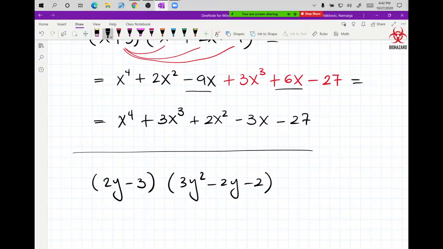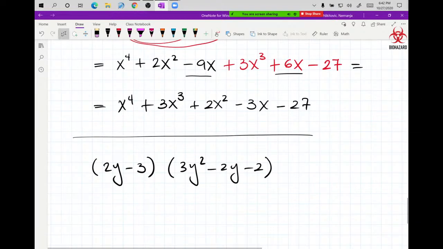All right, so who's going to help me with this problem? What should we do first? It is 6y cubed. Yes, 6y cubed, 2 times 3 is 6, 1 plus 2 is 3. Good. Minus 4y squared.